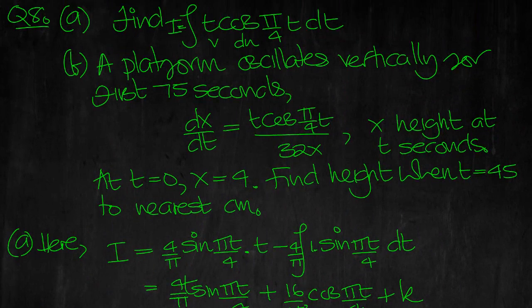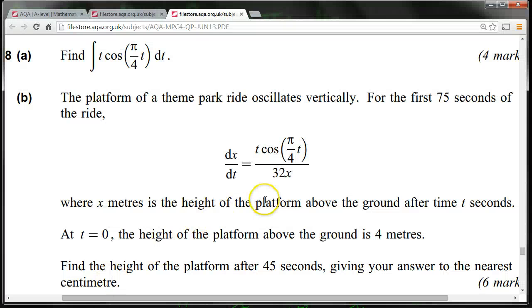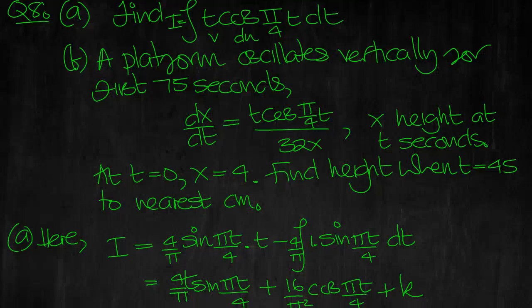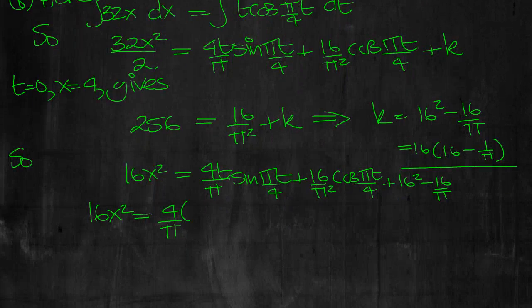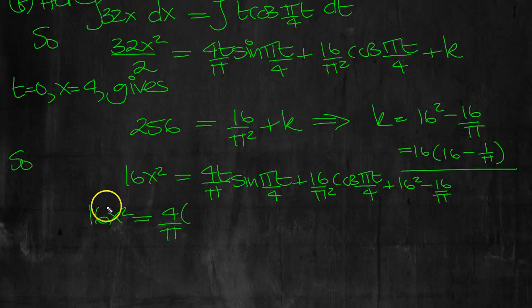Now x is the height. I'm going to go back to the question and see what measure we've got. X is in meters. We need the height of the plant when t is 45 seconds. Okay, and it's in meters, and our answer needs to be to the nearest centimetre. So t equals 45. Or is it 75?